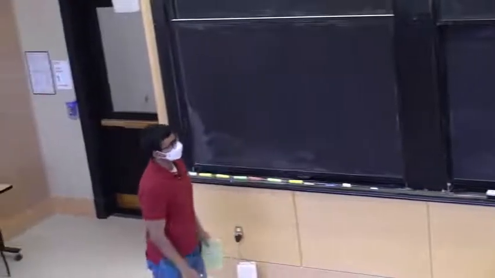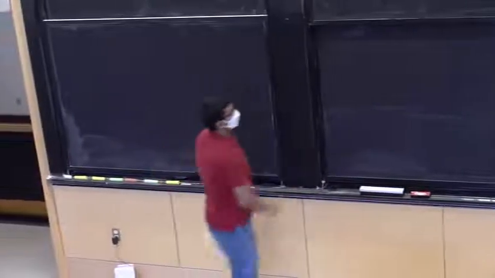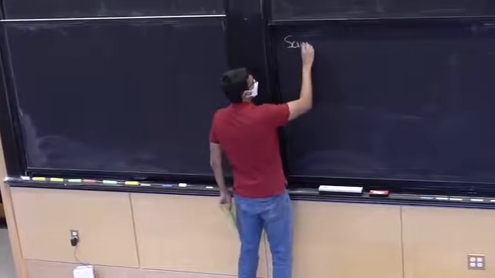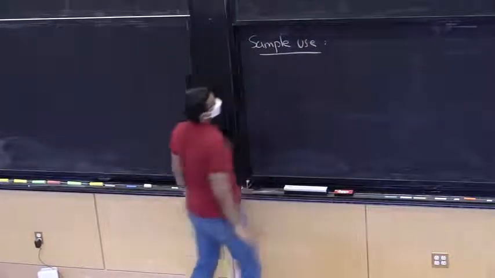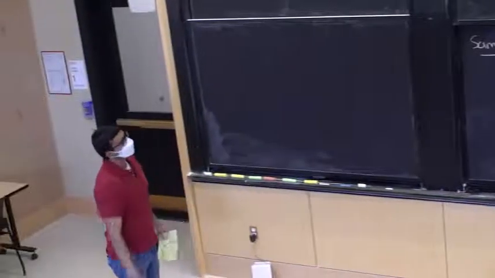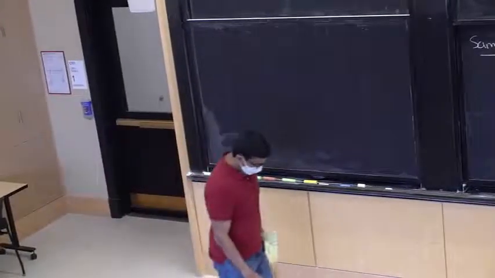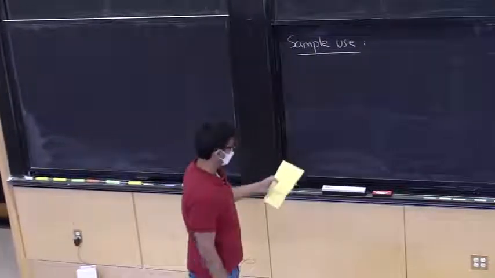I'm not really going to get into the uses here, but let me at least give you a flavor of why a statement like this about higher cohomology groups can be useful, even if you might not care about higher cohomology groups at the end. Here's a sample use. Basically, I'm going to try and tell you that it allows you to solve certain inductive problems, induction on dimension.